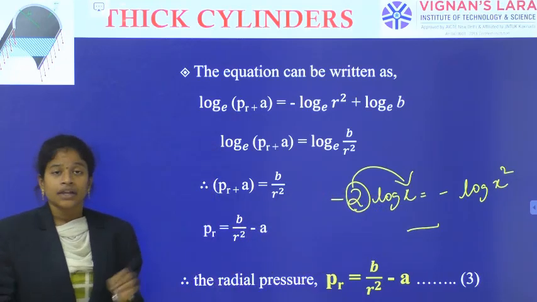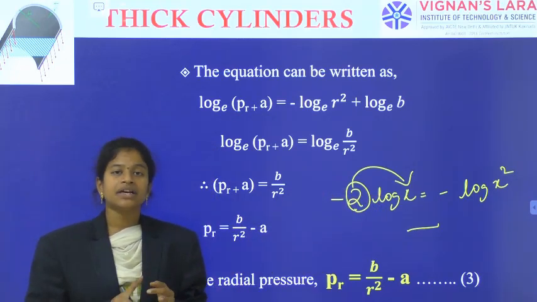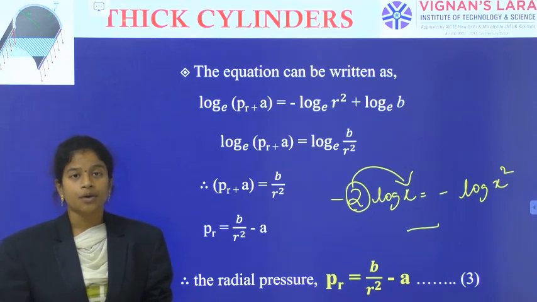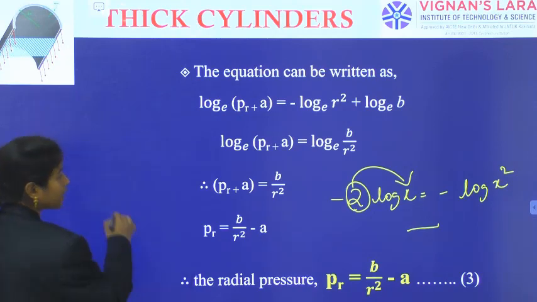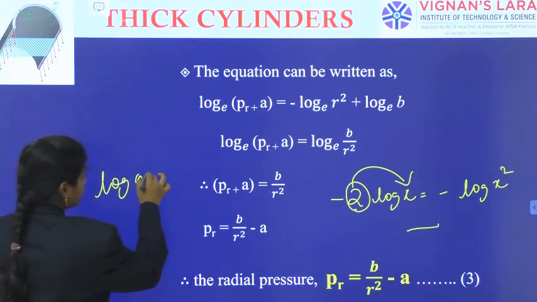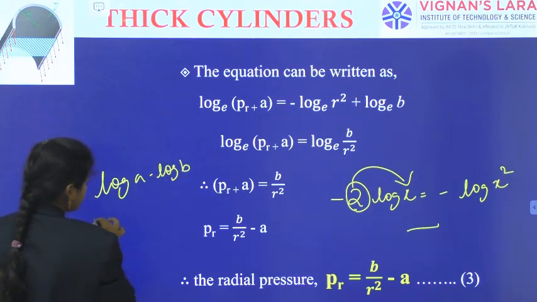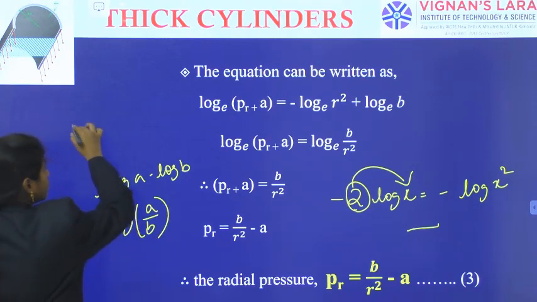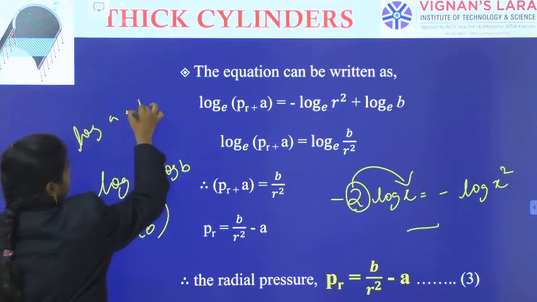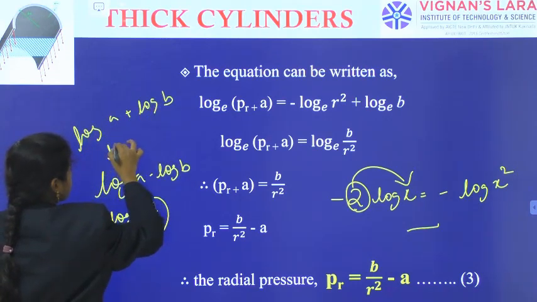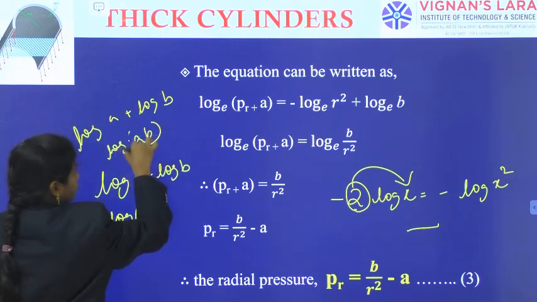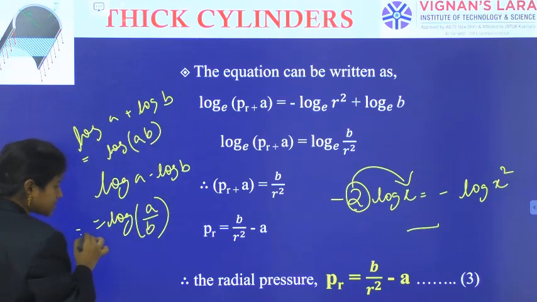And here one more thing is log a plus log b, or log a minus log b. Whenever you see that term, you can write log a minus log b is equal to log of a by b, or log a plus log b is equal to log of ab. So these are the formulas generally.